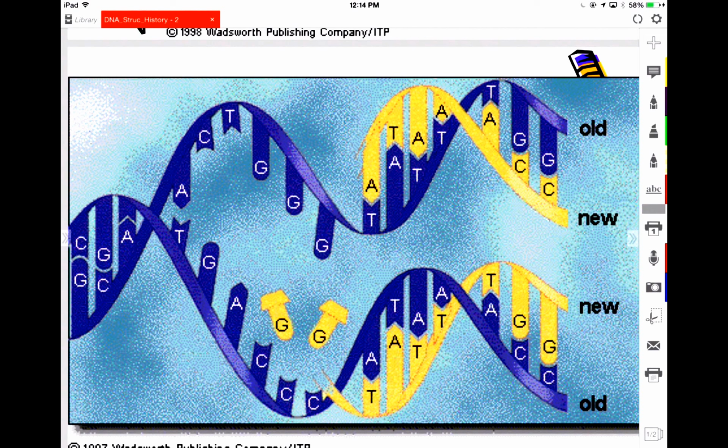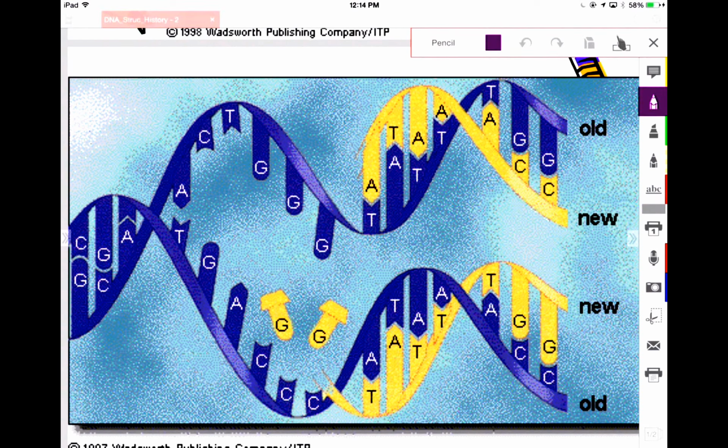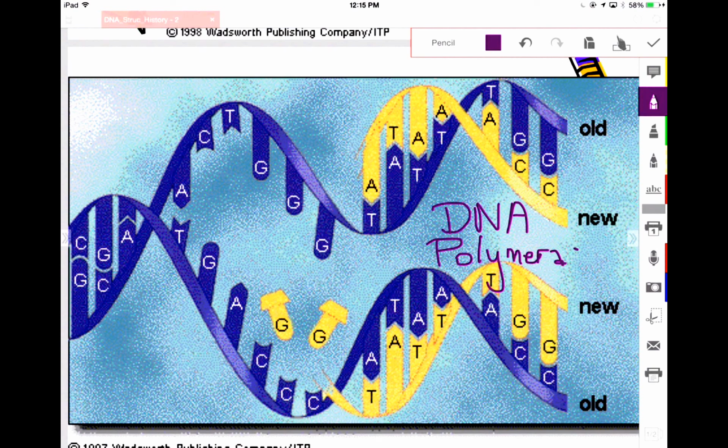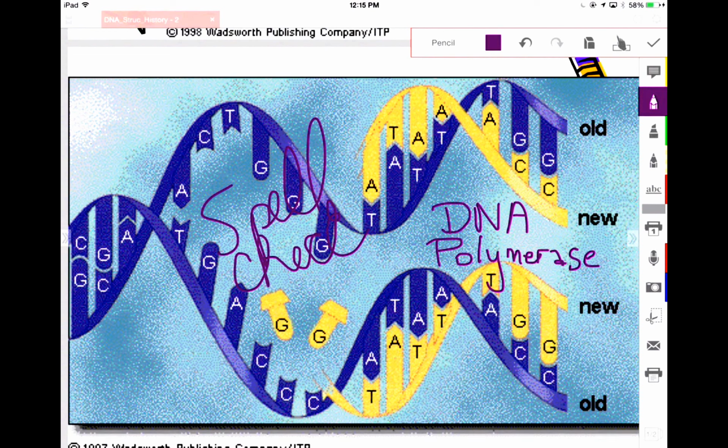DNA polymerase, I should point out, our friend DNA polymerase has a spell checker built into it. That's right, spell check. It will ensure that the A's go with the T's and that the C's go with the G's. It's smart, and if it makes a mistake, that enzyme can back up and fix its mistakes.